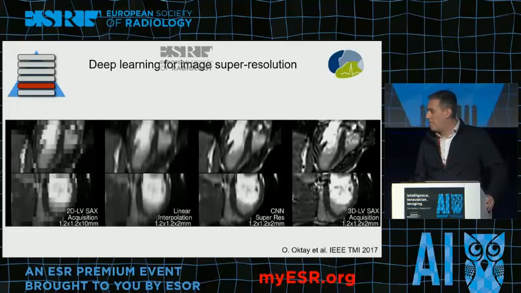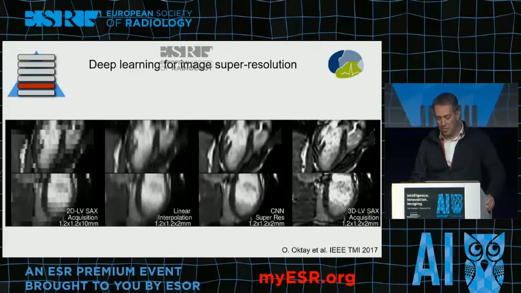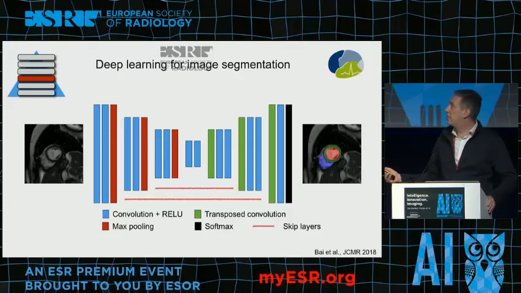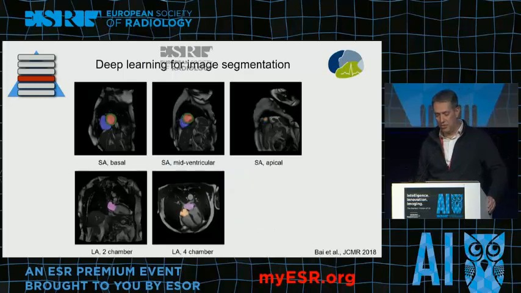Now, Marlene has already shown you examples that you can use these networks also for segmentation. And that's quite interesting. So we can, for example, train a network, instead of removing artifacts from the image, to label, for example, the image which you see here, an example of the heart.